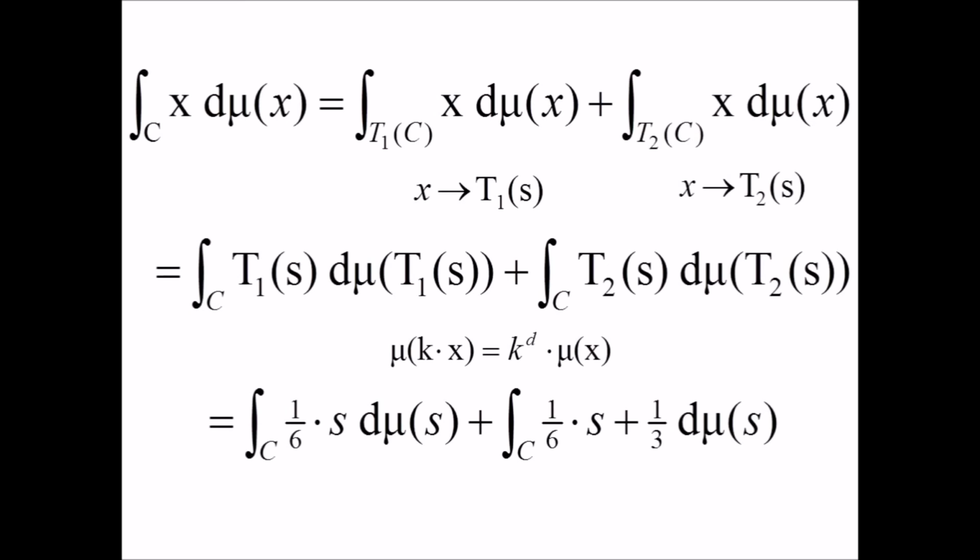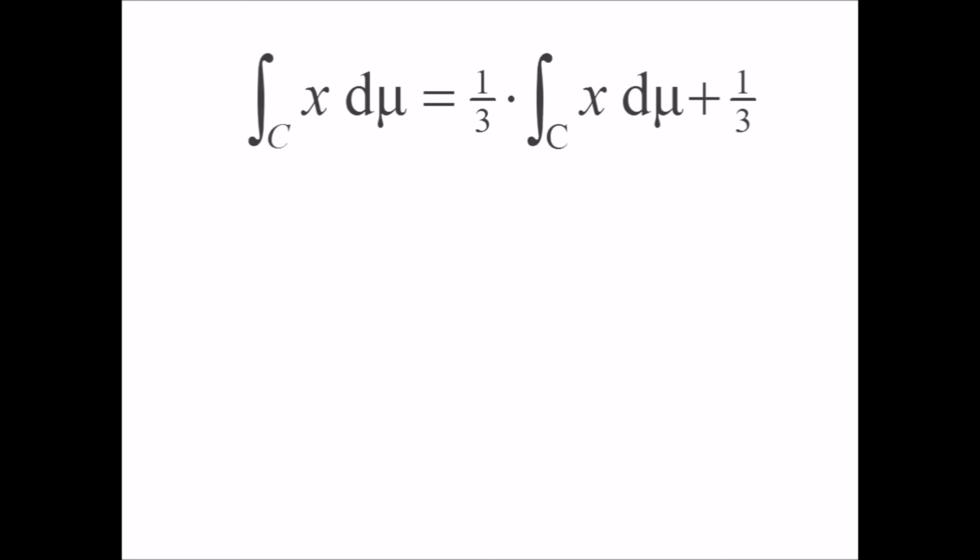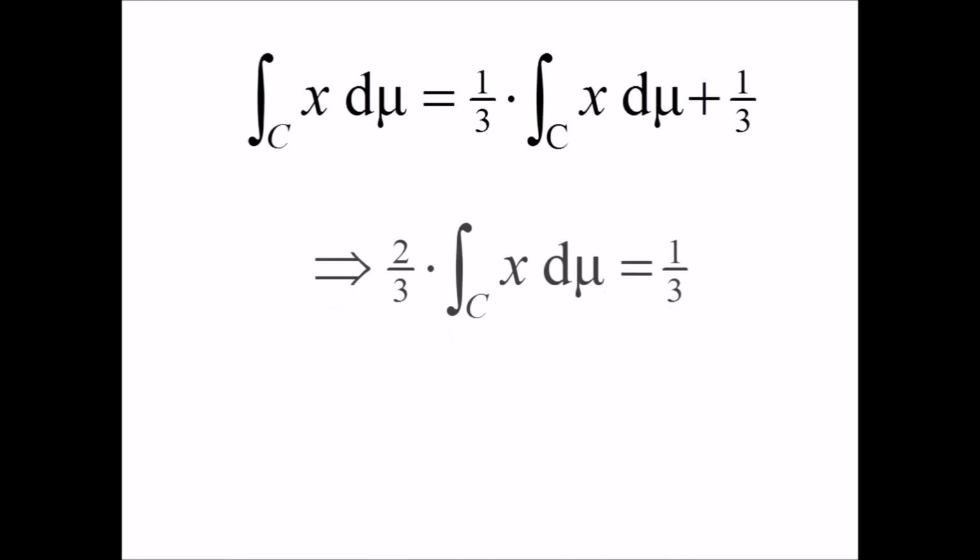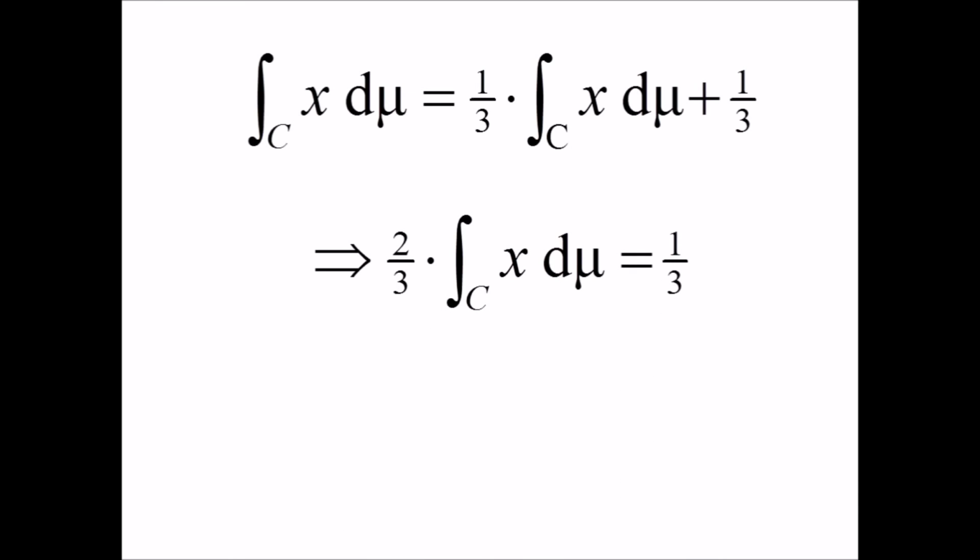From here, we can then move the integral on the right hand side to the left and simplify. Then we move the multiplication term back over. This gives a value of a half for the integral, much faster than the method previously presented.